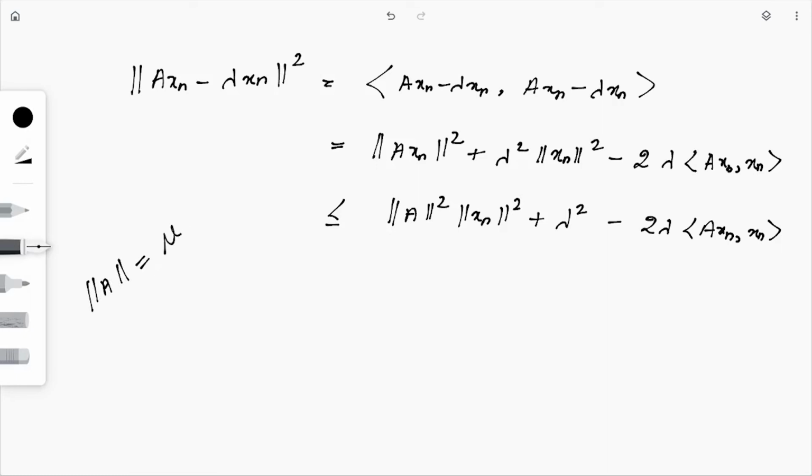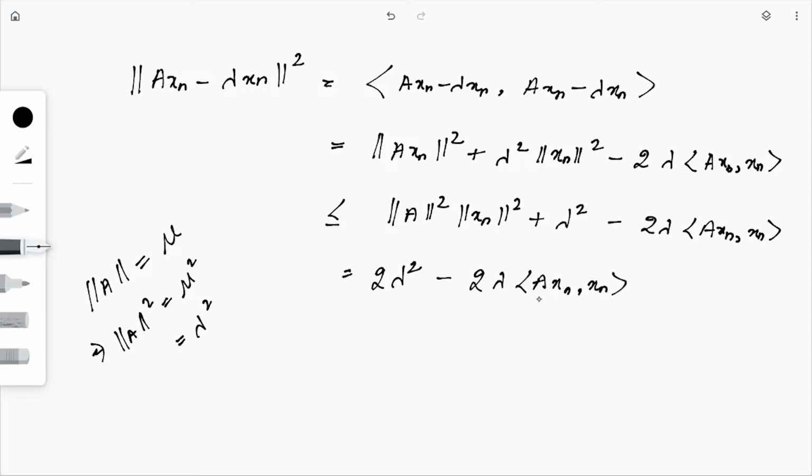Norm of A is equal to mu. So this implies norm of A square will be equal to mu square. Mu square will be the same as lambda square, because lambda is either plus mu or minus mu. So I can write this as lambda square, again XN square is 1, so lambda square plus 1 more lambda square, that is 2 lambda square minus 2 lambda into inner product AXN, XN.